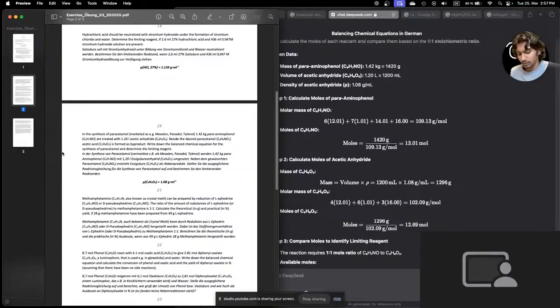Okay, so I got the moles for both of the reactants, and here the lesser value is acetic anhydride.